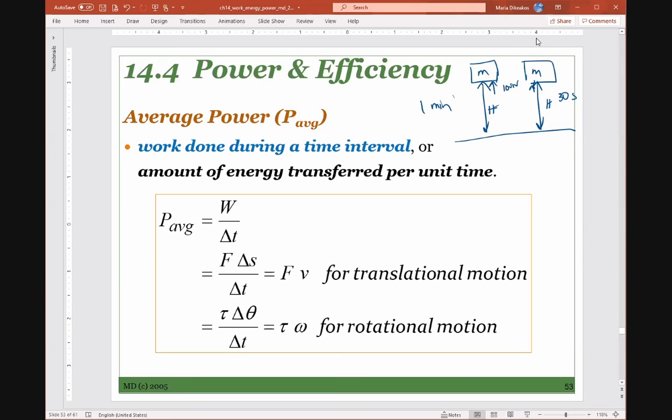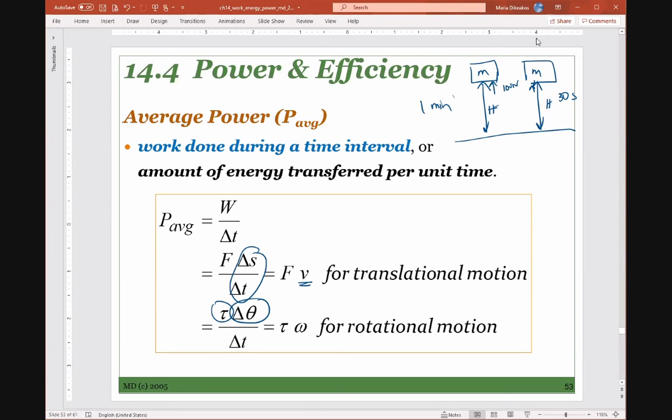So power is a measure of the amount of energy transferred per unit time. And we can calculate it as work per unit time, but we know that work is force and displacement. And therefore, displacement over time is just v, speed or velocity. But if we are now looking in terms of rotational motion, the work is torque times the angular displacement.